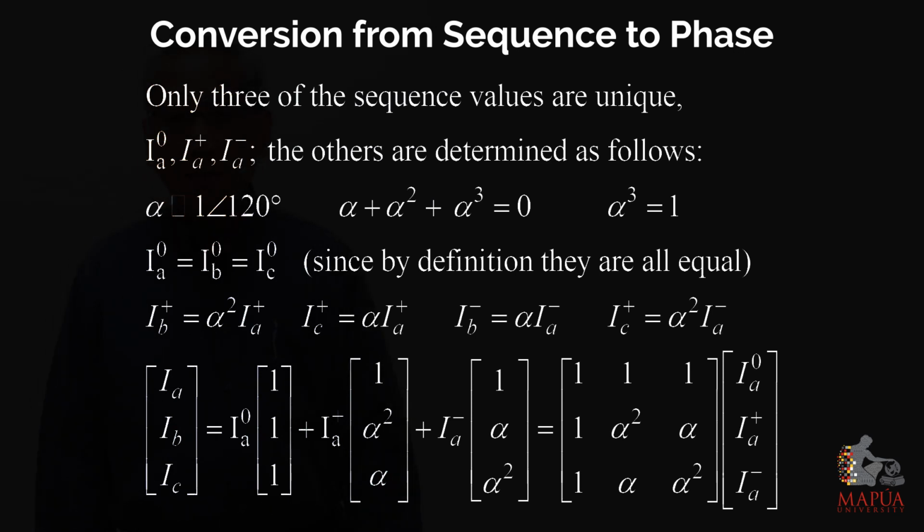Now, the 3 by 3 matrix is composed of the elements 1, 1, 1, 1, A squared, A, 1, A, A squared. Thus, the phasor matrix IA, IB, IC is equal to the product of the A matrix and the sequence phasors, IA0, IA plus, and IA minus.